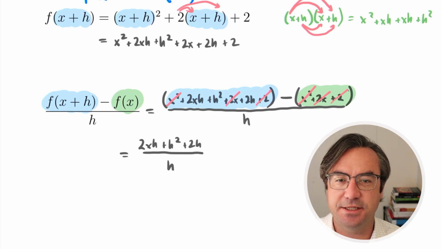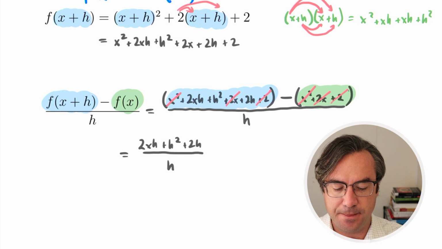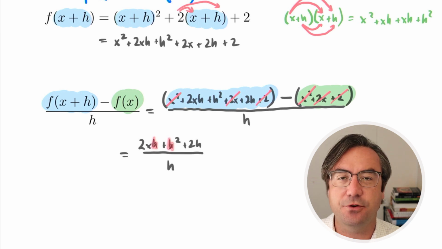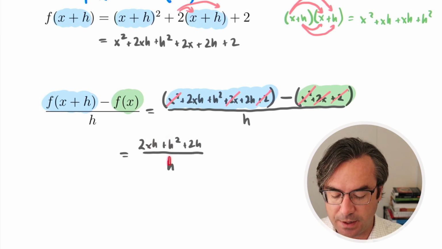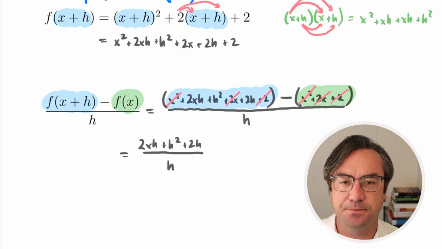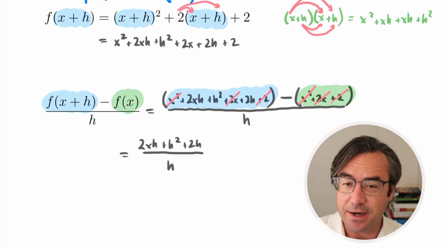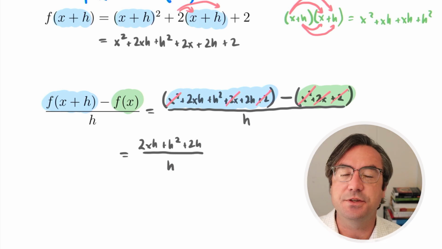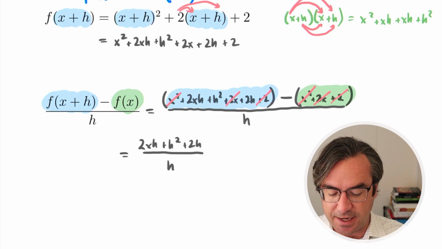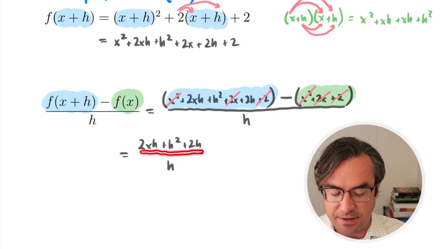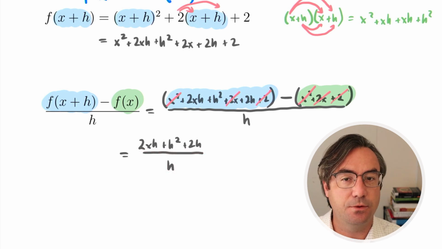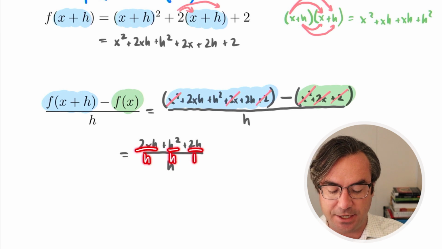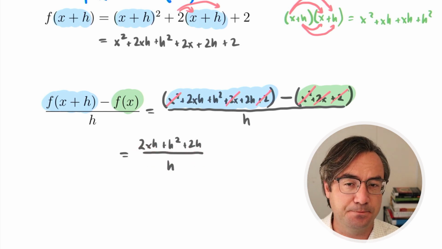And now the next step to simplify this down is to try to factor the numerator. We ultimately want to get this h canceled off. So if we do that canceling, you can think of this a few ways. You can think of this as, since we're dividing this whole thing by h, what we're really doing is dividing each of these individual terms by h and then adding the results.